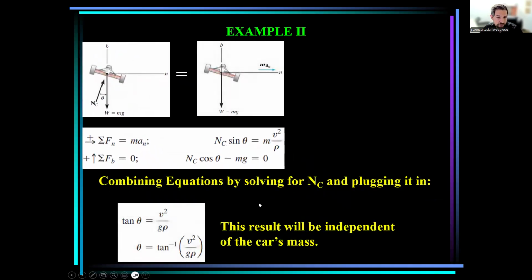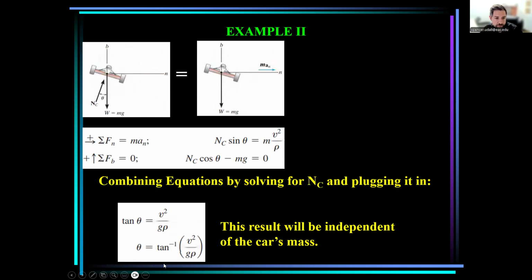So there's the equations we just came up with. We could solve that for theta. If we plug in N_C from this one into that one, you end up with v squared over gravity times rho, and your sine divided by cosine, so you can simplify that to a tangent theta.